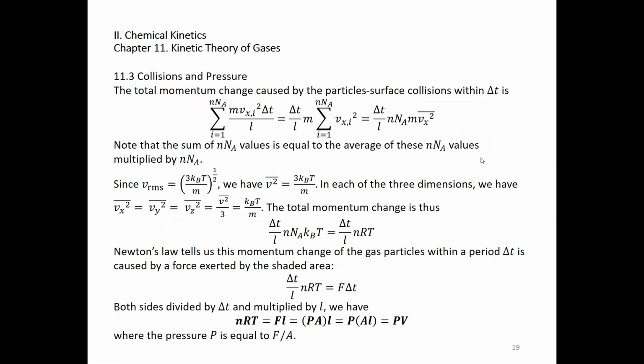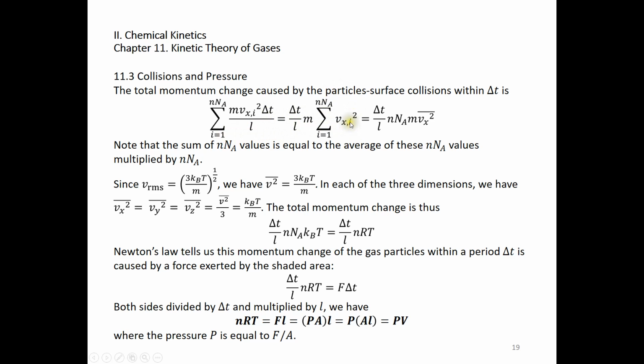Again, the total momentum change caused by the A1 surface and the particles within time delta t is this much. Over here we have the sum over all particles. And we can clean it up because m, delta t, and L do not depend on i. So I'm taking those out.